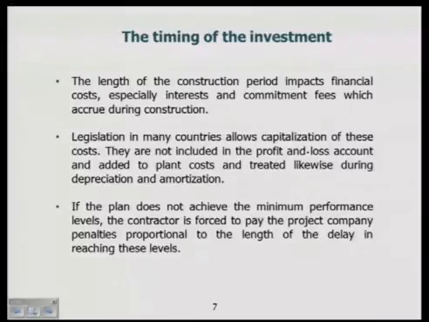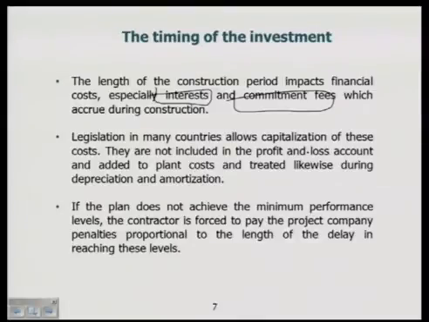If we speak of the first of the variables we listed in the previous slide, the time of the investment, we have to remember that the length of the construction period impacts financial costs, especially because of the interest and commitment fees which accrue during construction.